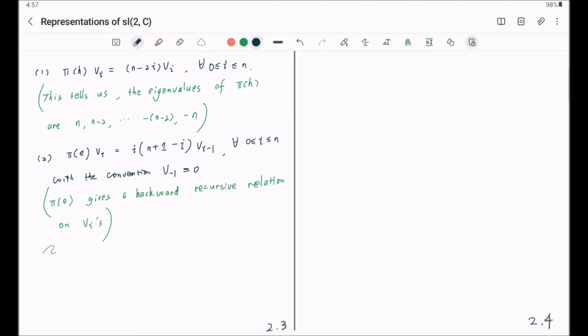The third relation is that pi of F applied to V sub i is equal to just V sub i plus 1 for any i from 0 to n, with the convention that V sub n plus 1 is 0.